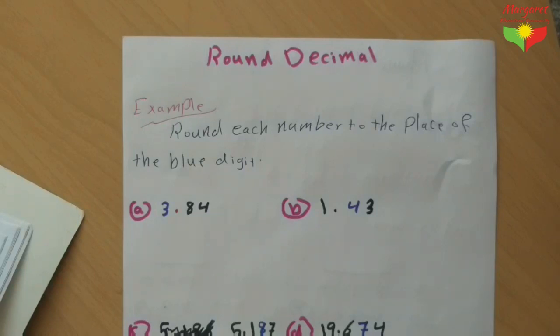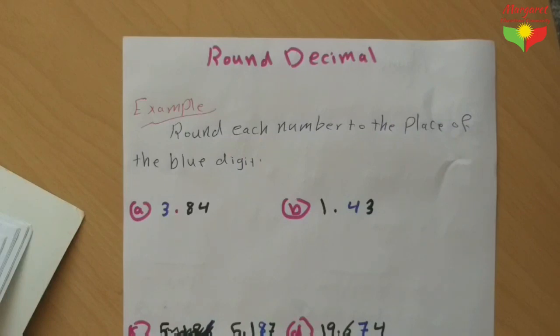The second point: look at the digit to its right. After that, is the digit less than 5? The digit in the rounding place is the same number.